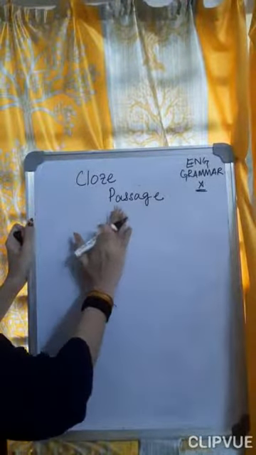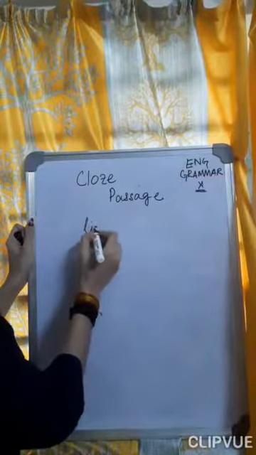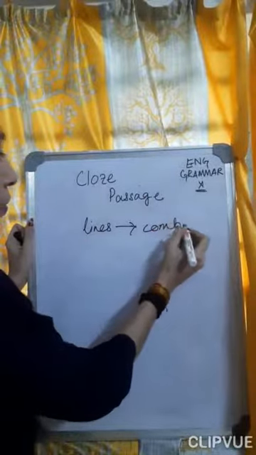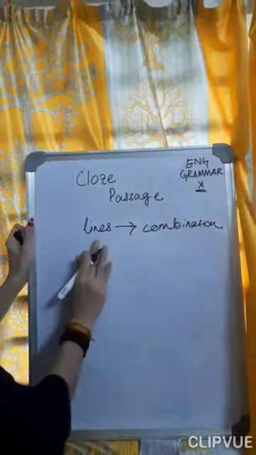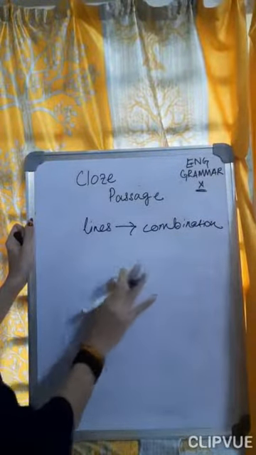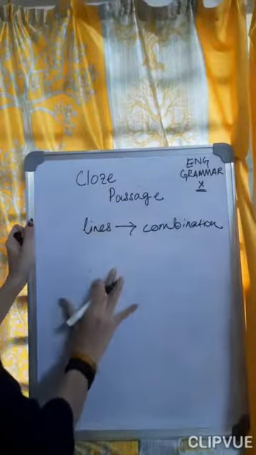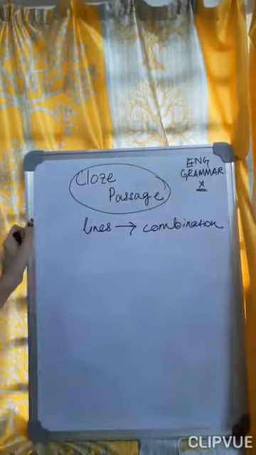We understand that a passage is a combination of certain lines that form an entire paragraph or a passage, and in that passage there will be something that we have to deal with in this topic of cloze passage.